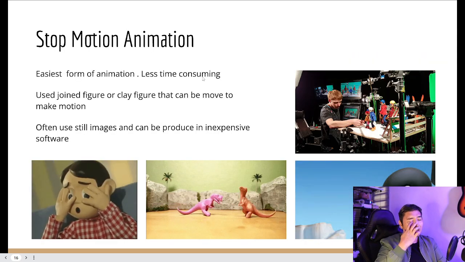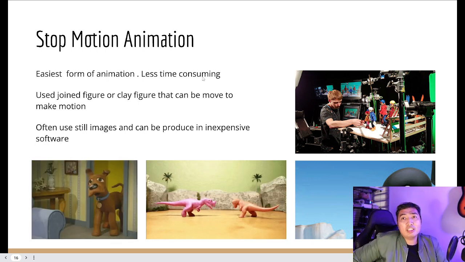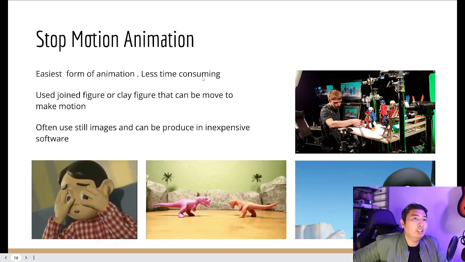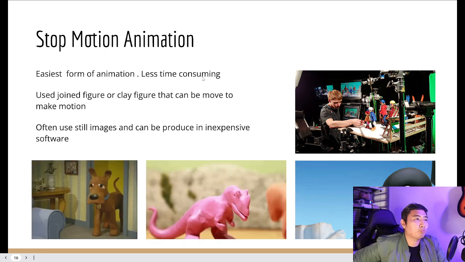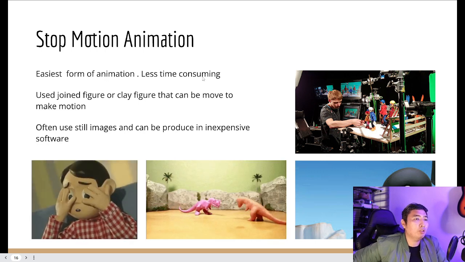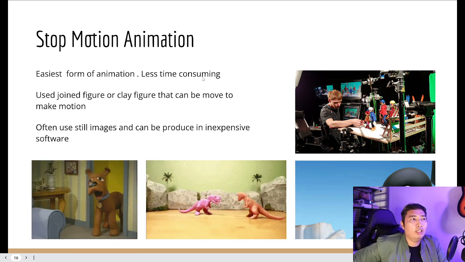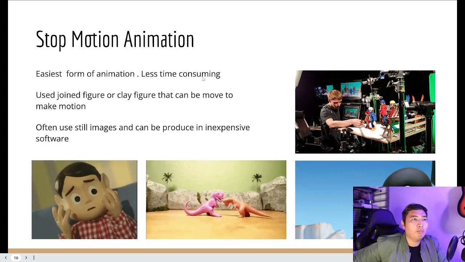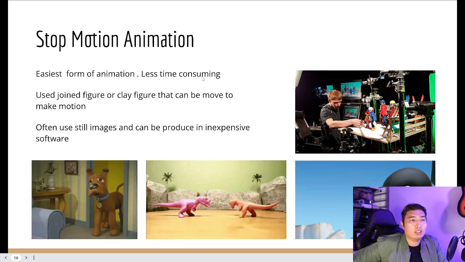Okay, next we have stop motion animation. Slightly easier compared to hand-drawn animation. Slightly less time consuming. So normally people will use jointed figures or clay figures that can be moved to make motion. So with the clay, they will create a character made from the clay.